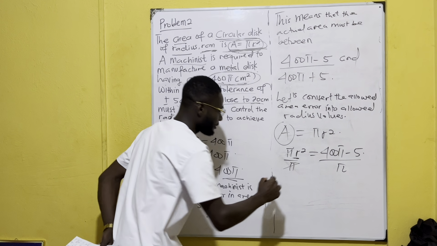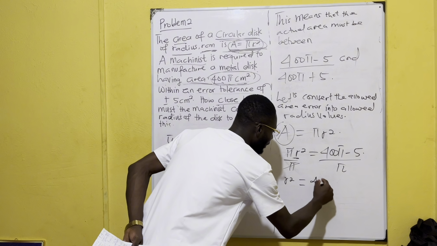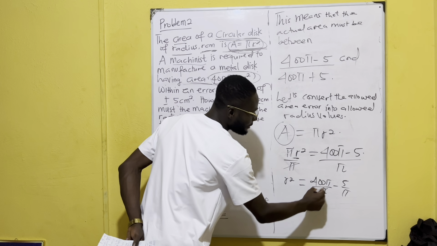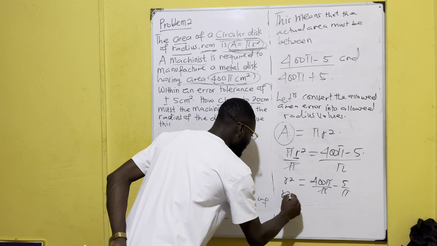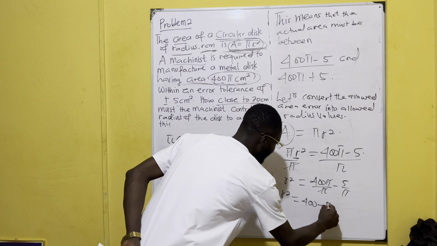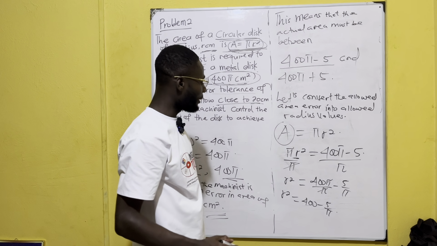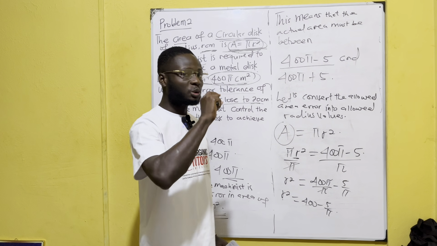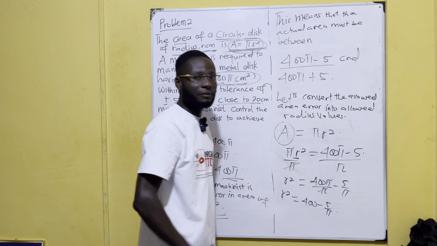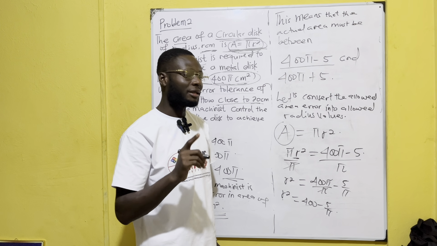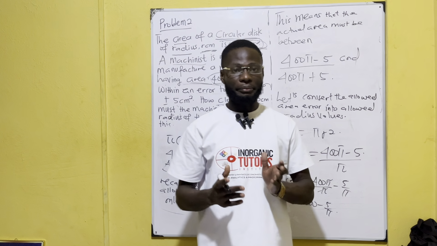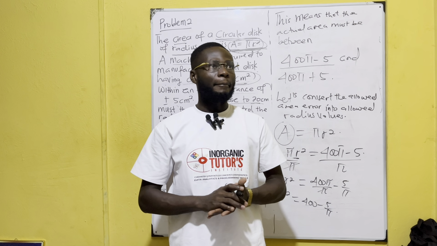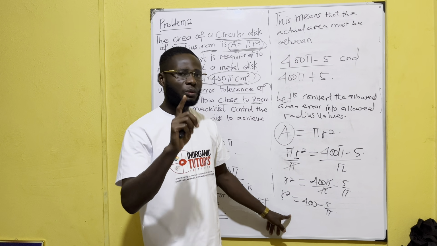This takes off this, and we have r squared equals 400 pi divided by pi minus 5 over pi. This takes off this, and then we have r squared equals 400 minus 5 over pi. Remember, we need r, not r squared. So we take the square root of the right hand side. But note that if you are taking a square root of a particular argument, you have plus or minus of that argument, right? But in this instance, we are going to take only the positive.